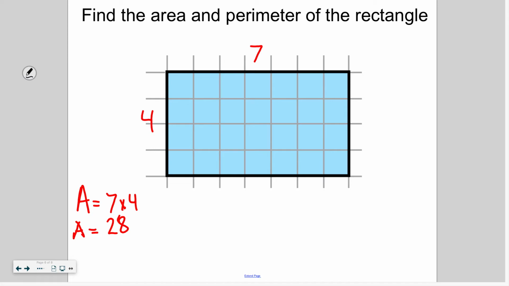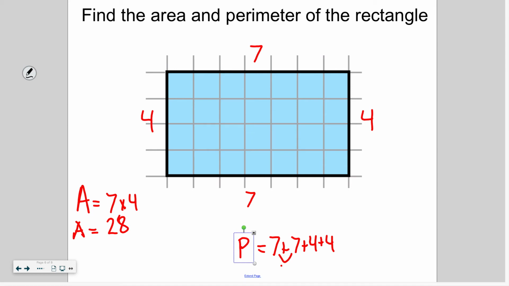Now let's find the perimeter. So remember, if the top side is 7, the bottom side is 7, and the left side is 4, the right side is 4. So for perimeter, what do we have to do? Add up all 4 sides. So 7 plus 7 plus 4 plus 4. And the order doesn't really matter, right? The associative property of addition tells me that I don't have to add in a specific order. It doesn't matter because regardless, I'm going to add them all up anyway.